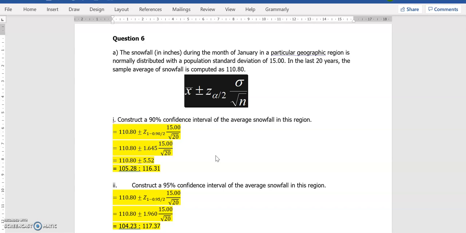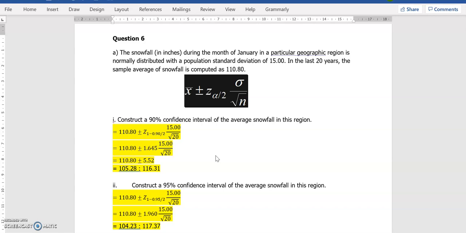So here we have a question. Question 6a. The snowfalls in inches during the month of January in a particular geographic region is normally distributed with a population standard deviation of 15. In the last 20 years, the sample average of snowfall is computed as 110.80.